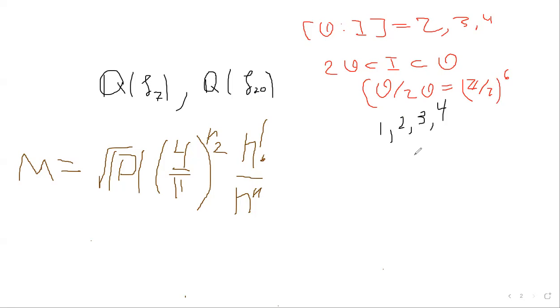We know that I modulo 2O is a subring of this. There are not too many options then, like 6 options. Then we need an explicit basis for this.